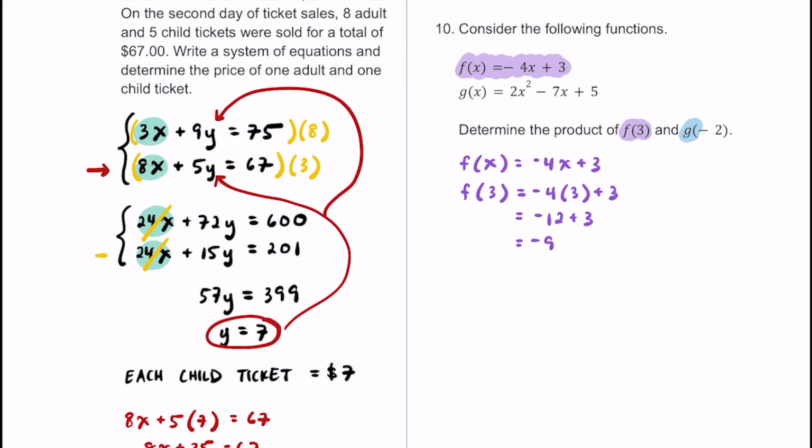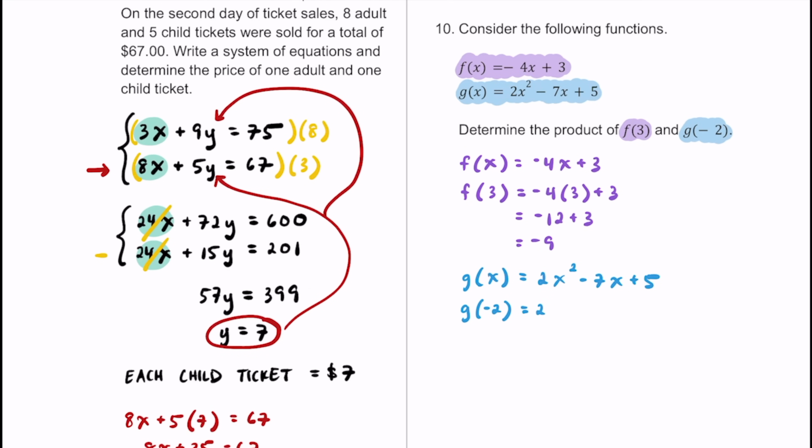And then secondly, we have to figure out what g of negative 2 is. So let's apply that to our quadratic function over here. We know g of x, the original function, is 2 times x squared minus 7x plus 5. We just want to know what's going to happen if x is negative 2. So let's do g of negative 2.